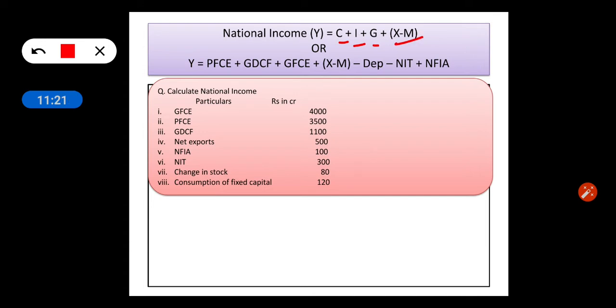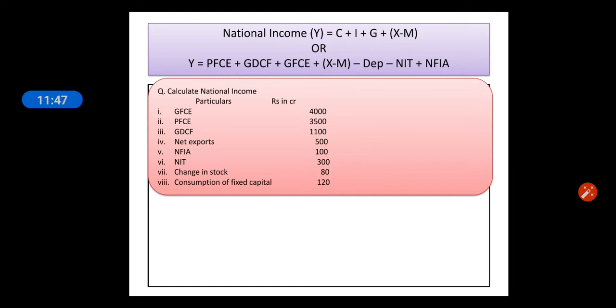Or we can say your national income is equal to PFCE plus GDCF plus GFCE plus net export, minus depreciation, minus NIT, and plus NFIA. So this is how national income is estimated in the expenditure method.